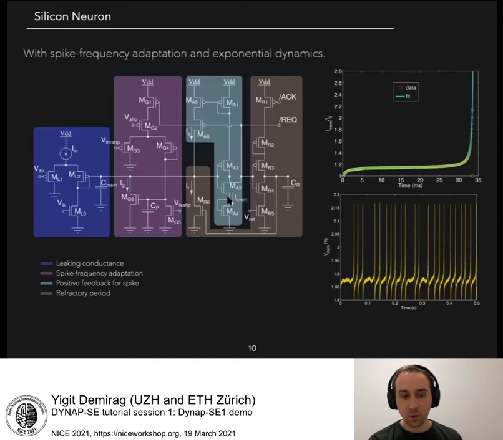So here we have more or less 10 different parameters per neuron that we can tune. With all blocks together and all the biases set properly, this neuron is capable of describing neuronal patterns like adapting, bursting, fast spiking, and tonic spiking. And you can see here on the right how it can emulate the real data measured from a single neuron.